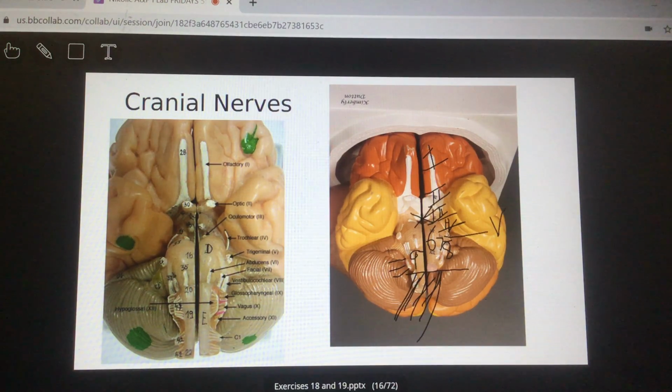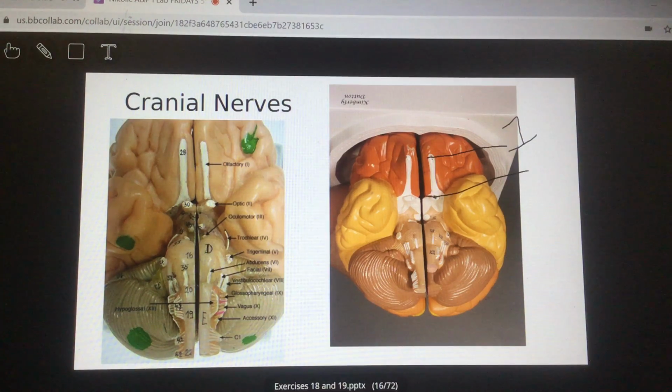Okay, so let me do that again. I'm not going to do the Roman numerals because it takes too much space, but try to do the Roman numerals. 1, 2, not the mammal, these are mammillary bodies. 3, 4, 5, 6.